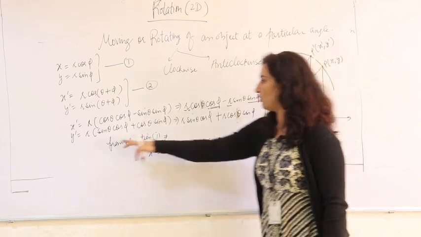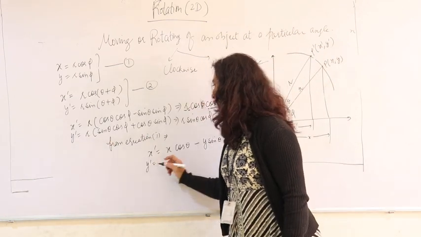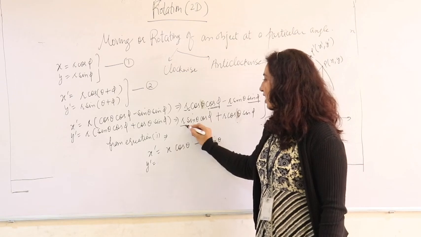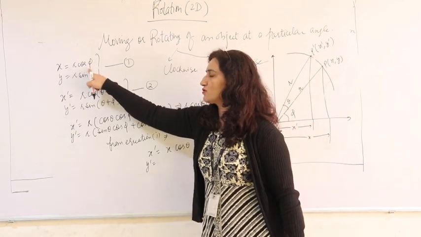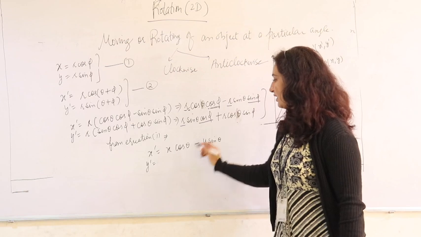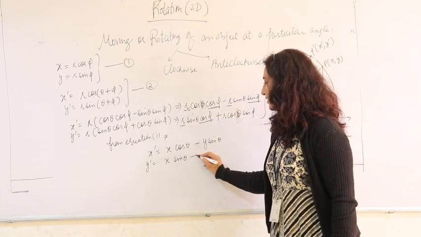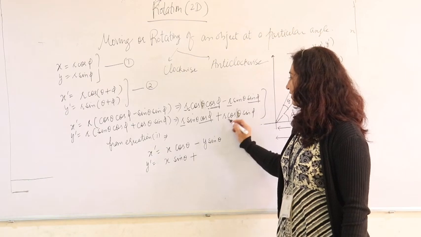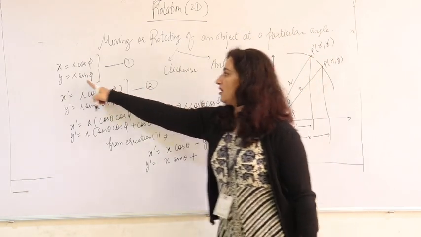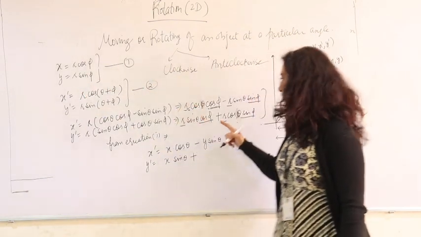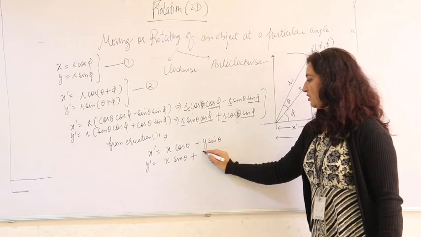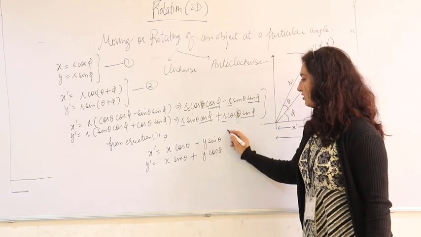Clear? Similarly for y dash, r cos phi is equal to x, so x sin theta, plus r sin phi, which is y, so y cos theta.